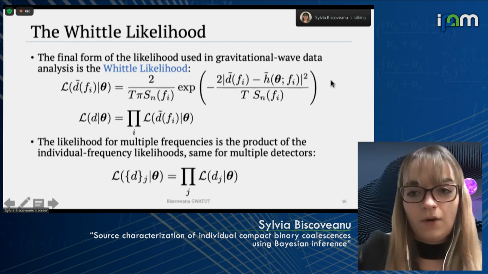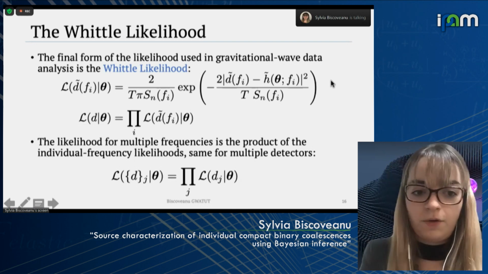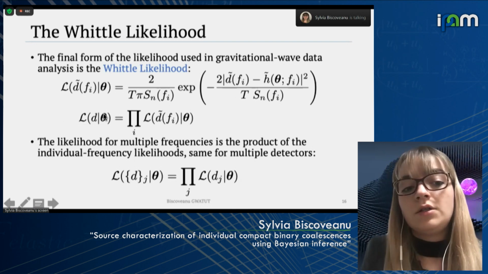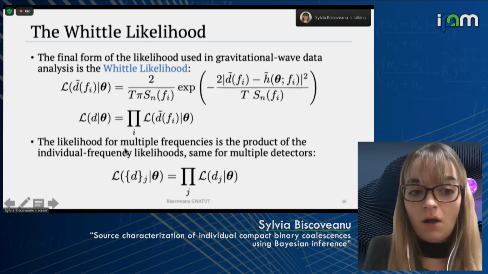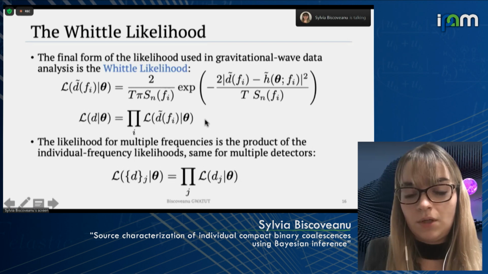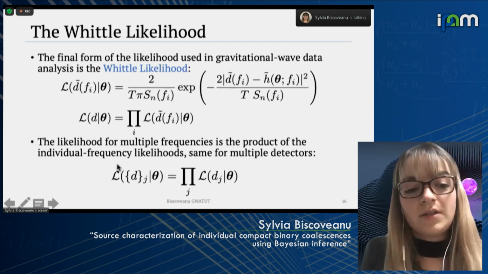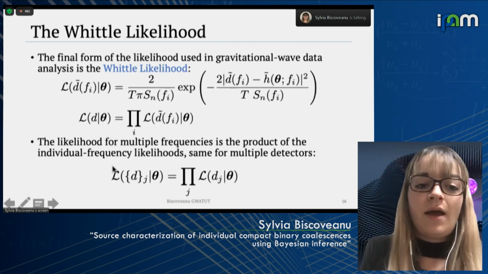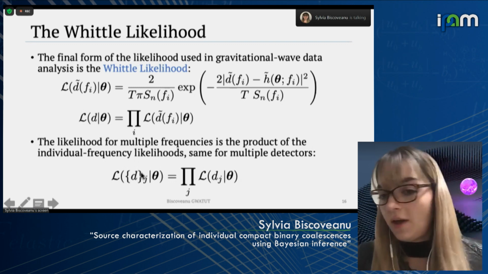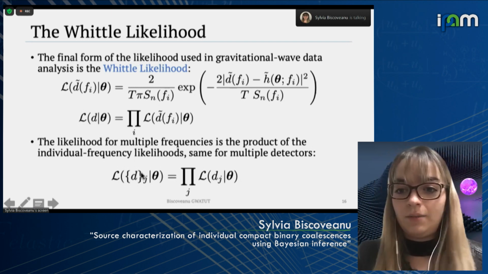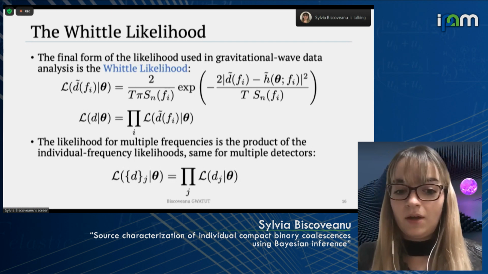However, we have a whole range of frequencies that we are interested in analyzing. So again, the likelihood of observing the data in all the frequency bins is just the product of the likelihoods in the individual frequency bins. And again, we can apply this product of likelihoods one more time. In many cases now we have a network of gravitational wave detectors that are each taking independent sets of data for the same stretch of time.